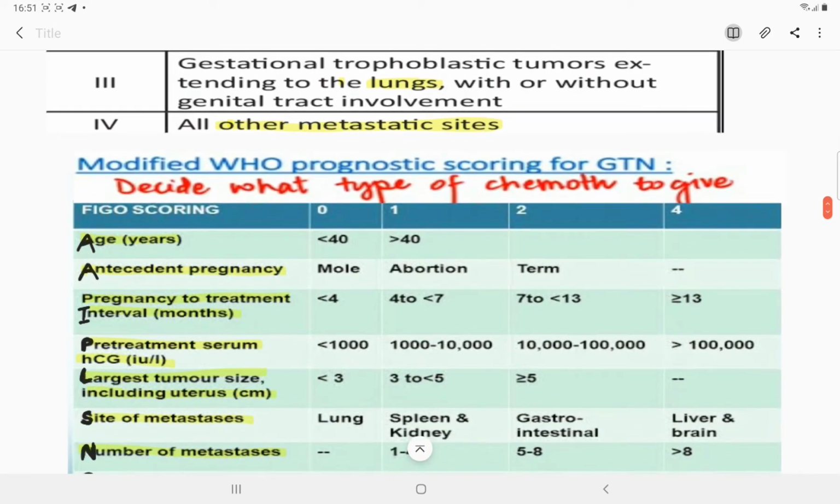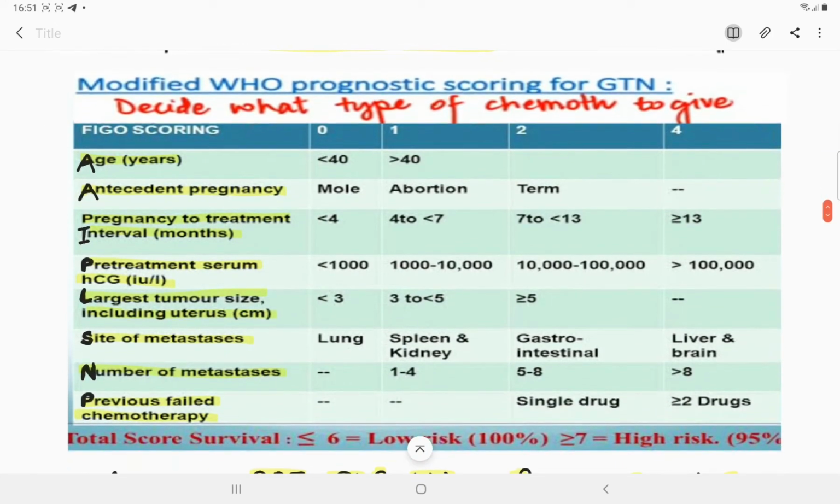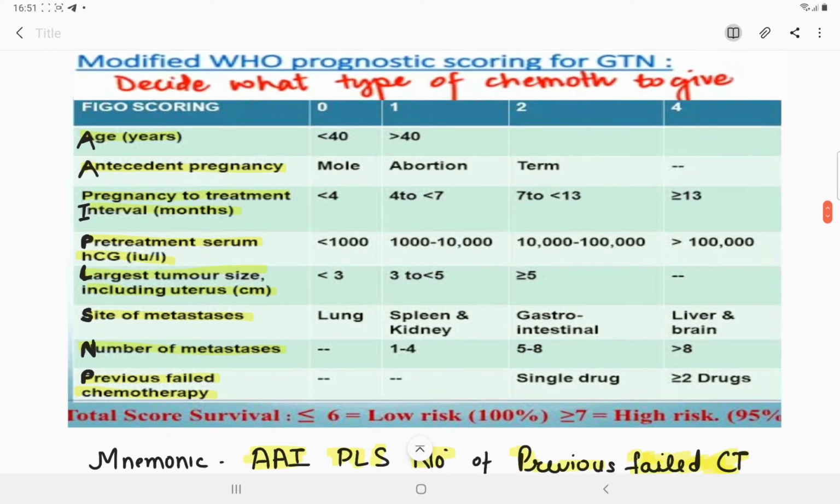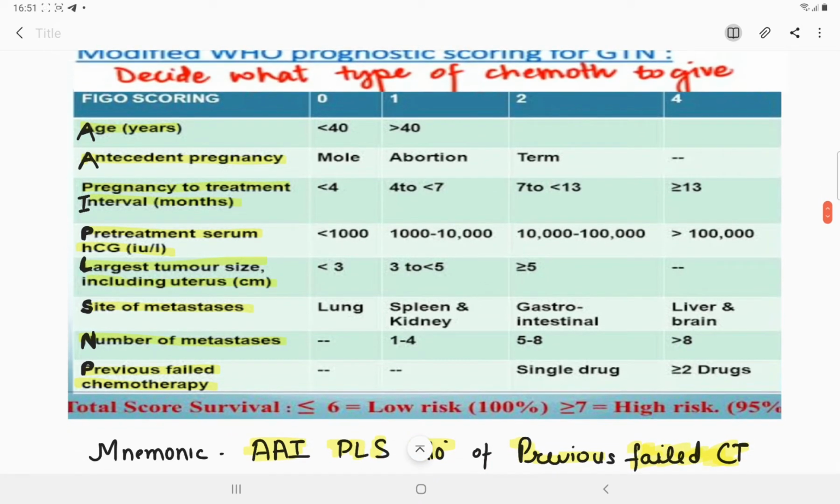Let's discuss the prognostic scoring system. It tells what type of chemotherapy is to be given. Let's remember it by a mnemonic. I means mother. AAI, please tell me the number of previous failed chemotherapy.